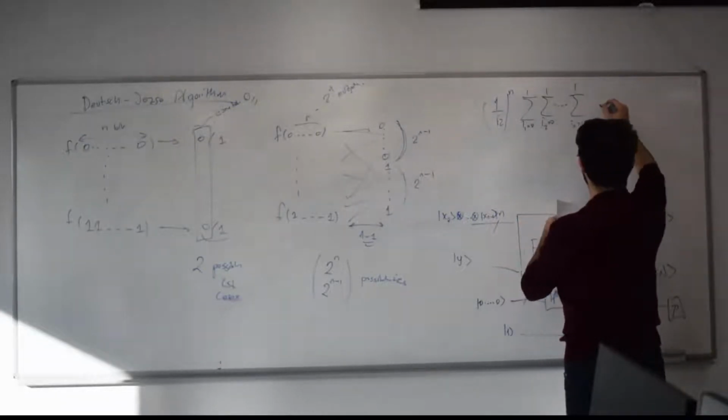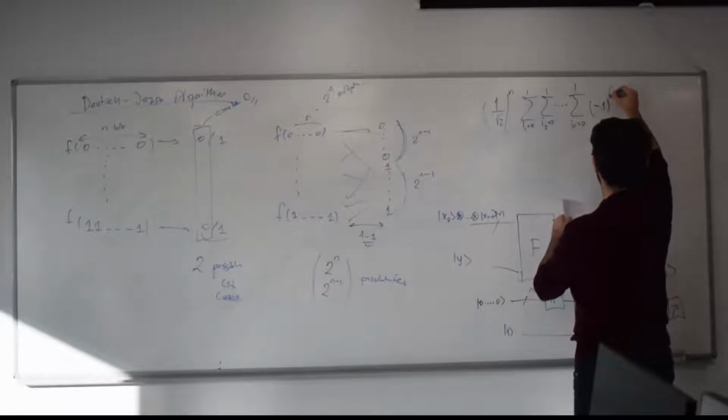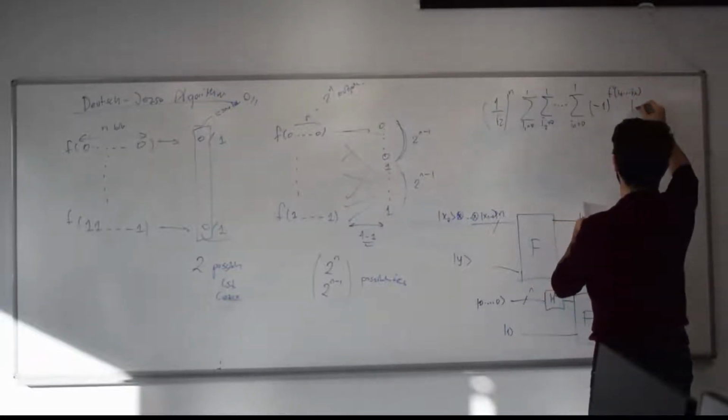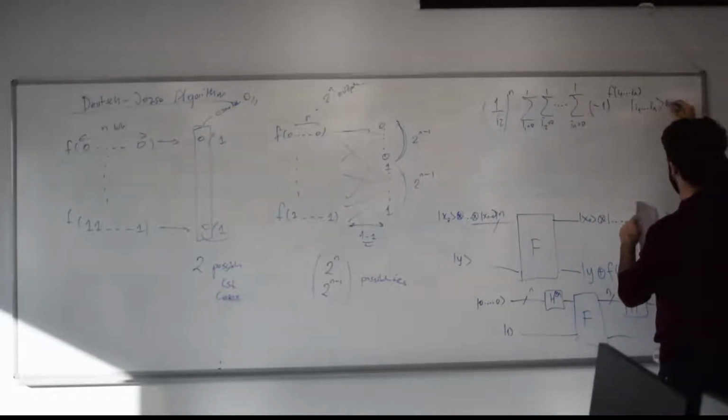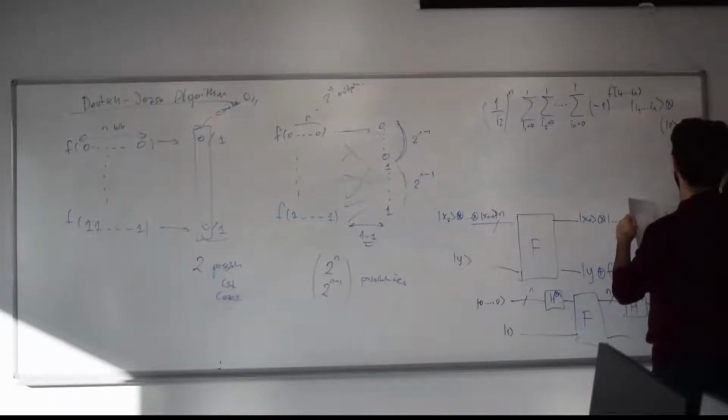These are all digital, and minus 1 raised to the power f of i1 to iN, where i1 to iN are all digital, 0 and 1, and then the ket of the last qubit, 0 minus 1.